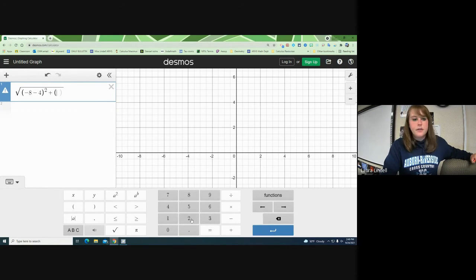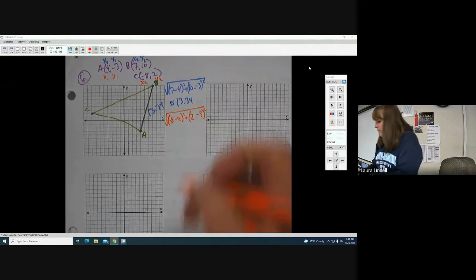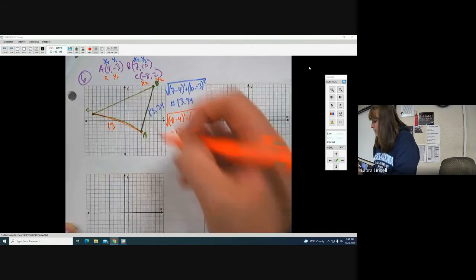We had 2 minus negative 3, close the parentheses, squared. And you get 13. What I really like about this one is that it shows you exactly what you have typed into the calculator all on one screen. So if you made a mistake somewhere, it's easy to see where it is and fix it. So our answer for this one should be 13 for that side length. So this is 13. That's this side here, AC.